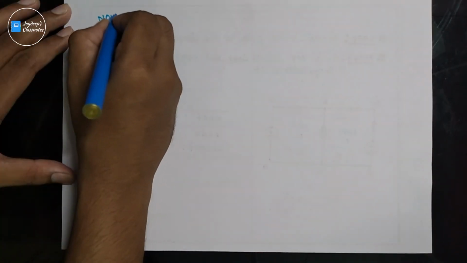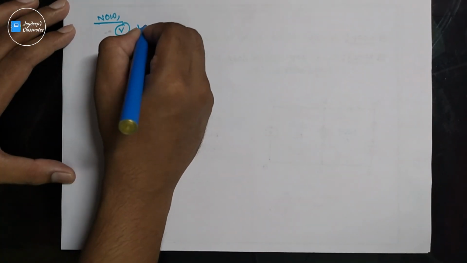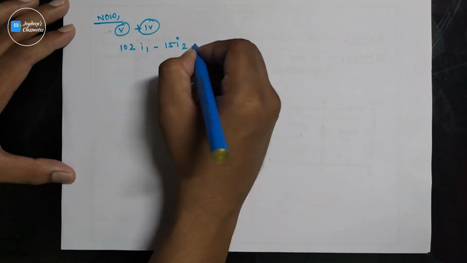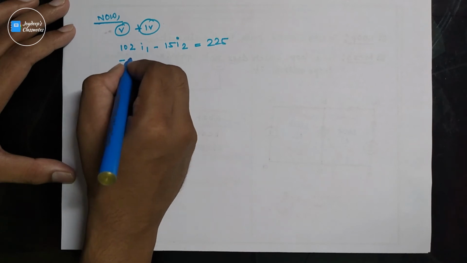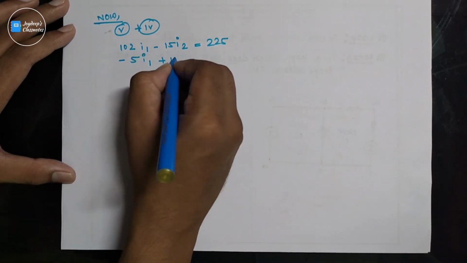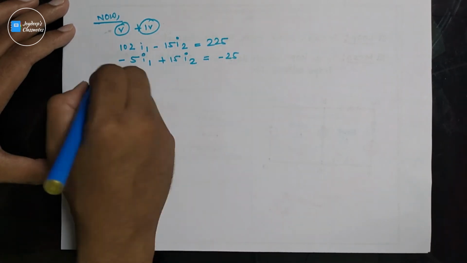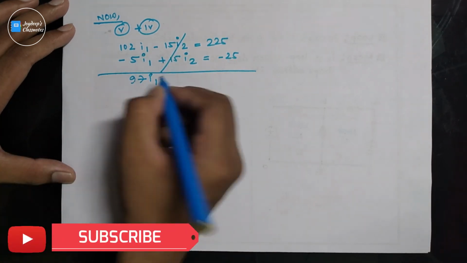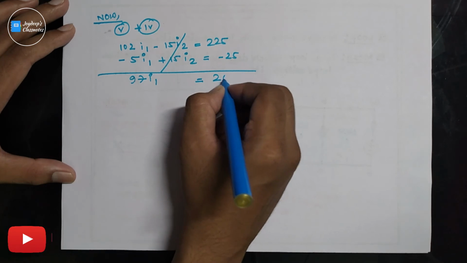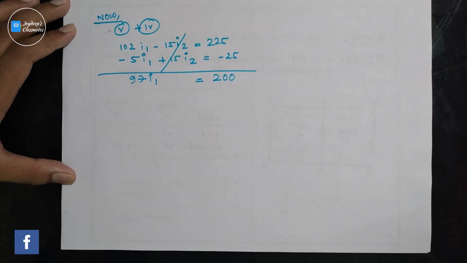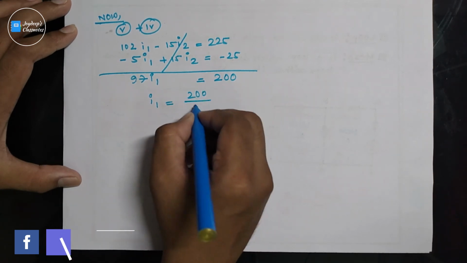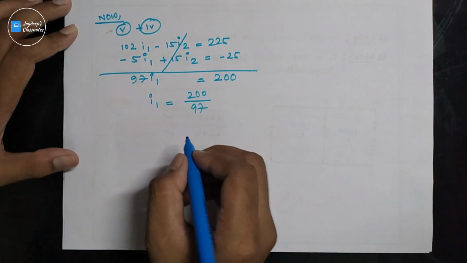Now, and 97 of I1 becomes 200. So I1 becomes 200 divided by 97.